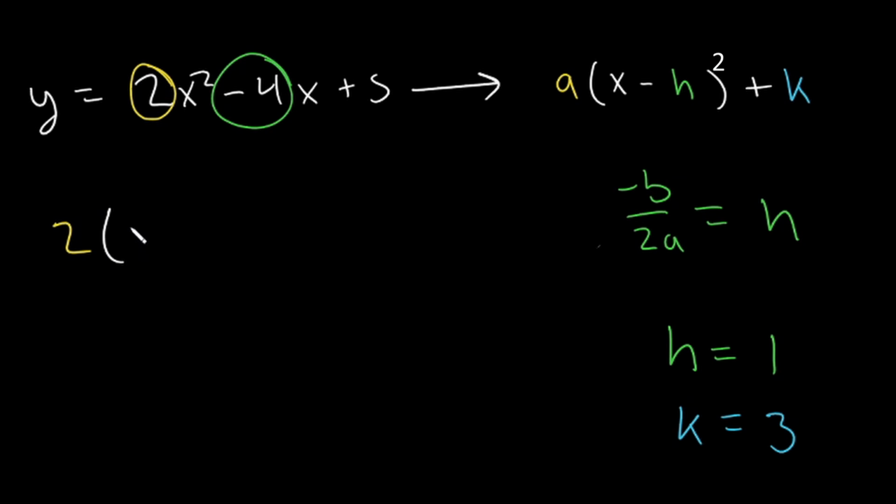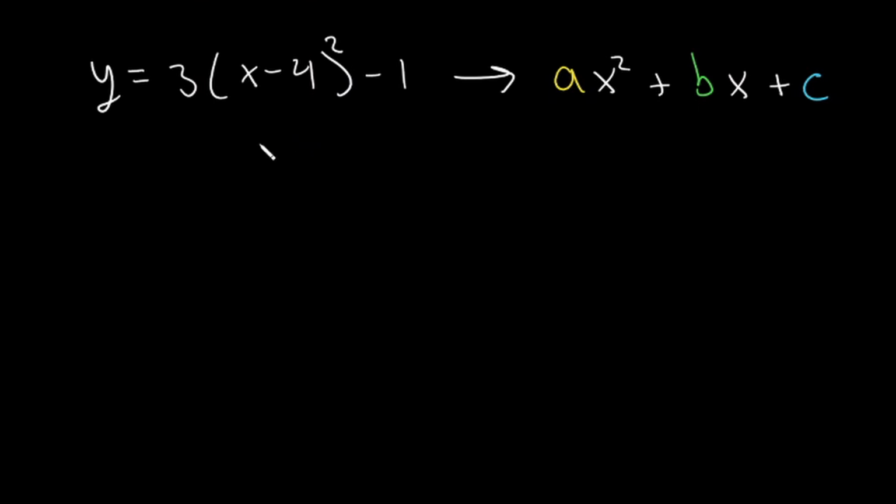And then multiply by x minus our h value, which is 1, and then k is going to be 3. So the vertex form of 2x squared minus 4x plus 5 is going to be 2 times x minus 1 squared plus 3.